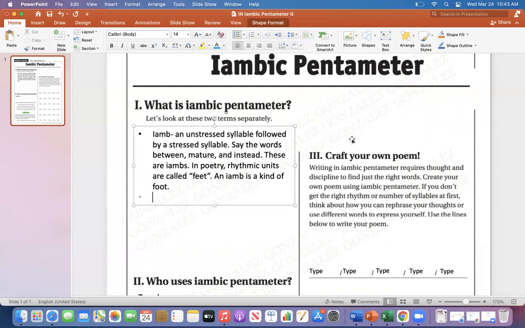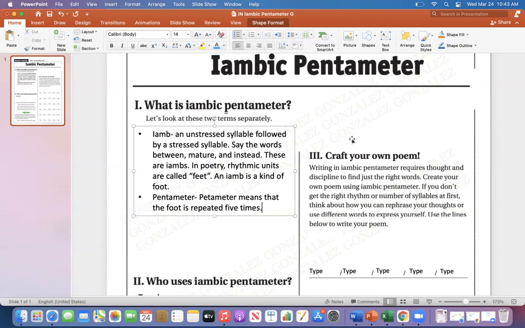Now let's look at the word pentameter. A pentameter means that the foot is repeated 5 times. And remember, the foot is the iamb, right?